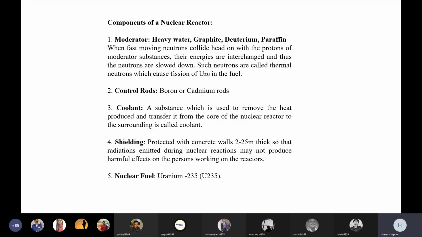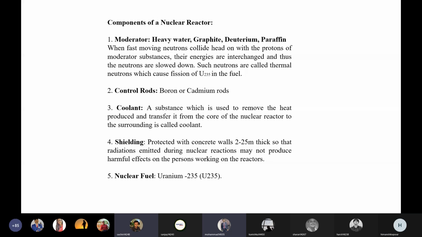Now, what is a moderator? Do you understand the term moderator? Yes, ma'am, it moderates the speed. What is it doing? Ma'am, it slows down the speed of neutrons.